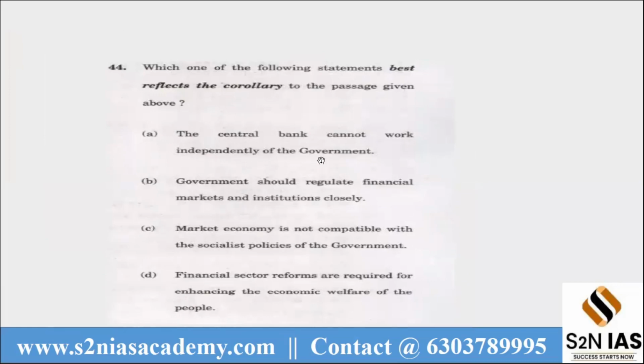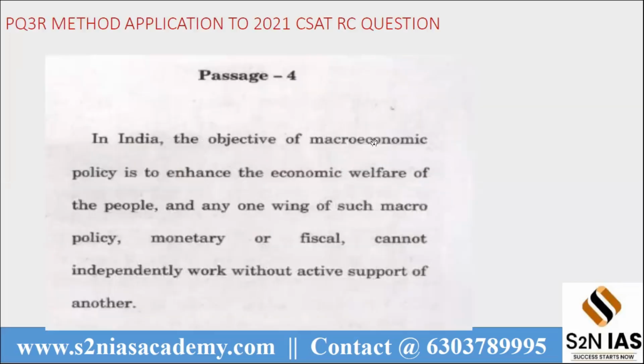Corollary means if one action is promoting a cascading effect on another action, that is called corollary. Here, the first action is the macroeconomic policy, and the cascading effect is the welfare of the people. So this passage is dealing with macroeconomic policy, and the examiner is asking about the corollary of the passage.